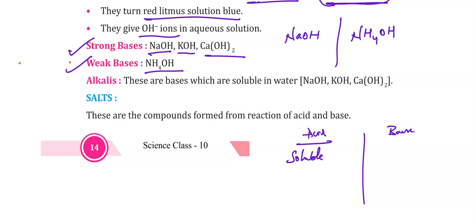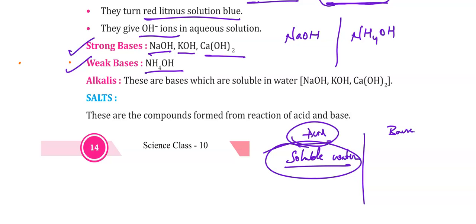Remember children, all the acids are soluble in water. अगर से कोई भी एसिड अब जब वाटर में डालेंगे तो completely dissolve हो जाएगा, soluble हो जाएगा, mix हो जाएगा एसिड के साथ में. But in case of base, they are not soluble in water. Remember, this is the major difference between acid and base. Usually acids are soluble in water, but bases are not soluble in water.